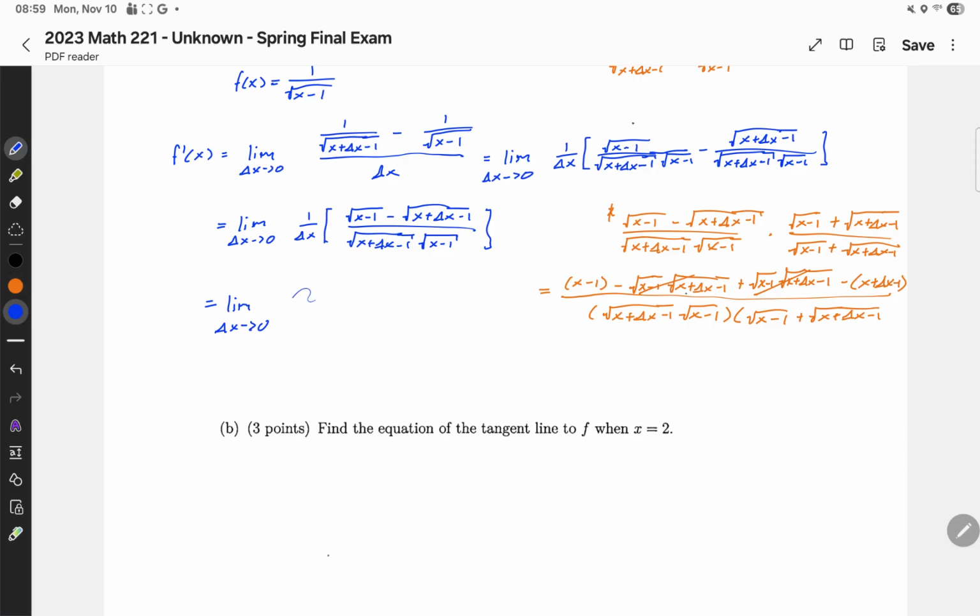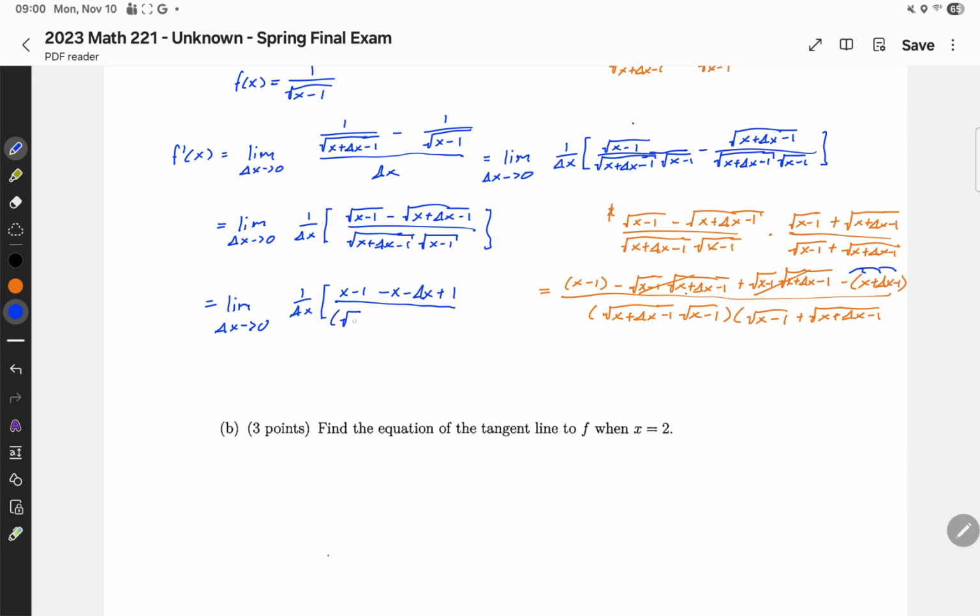So we have that this is equal to the limit of 1 over delta x times, we have our x minus 1 term, minus, and I'm running out of space, so I'm going to distribute this minus to this x, this delta x, and this 1 right here. So we have minus x, minus delta x, minus times a minus 1, that's going to be a plus 1, just like this. And on the bottom, we have this very large term.